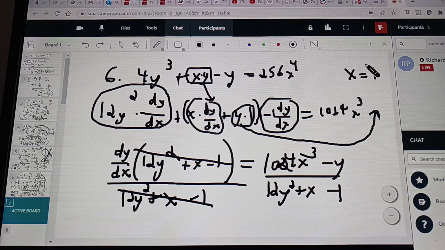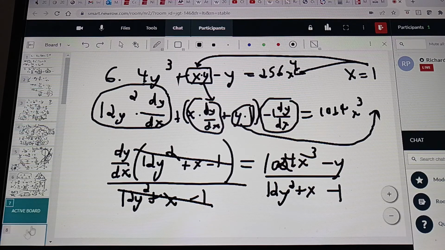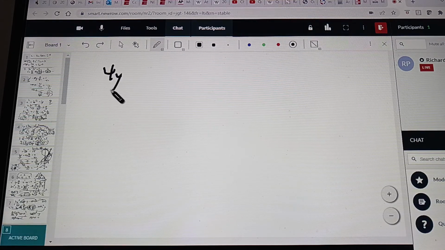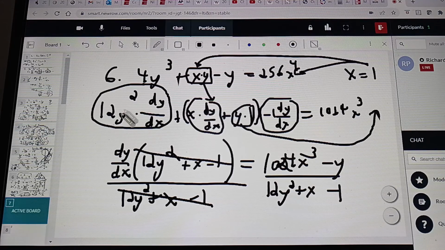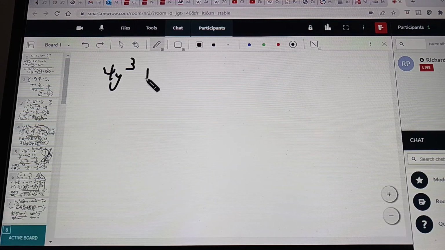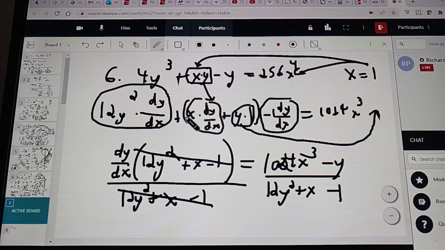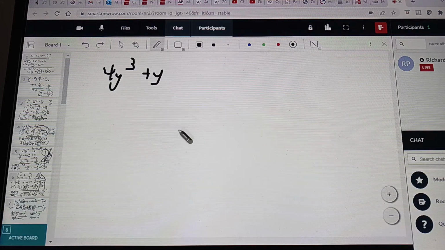I think that's what they want us to do, is plug a 1 in here and there, and maybe we can figure out y. So that would be 4y to the third. This would be 1y or just y. Then you'd have this minus y, that's convenient. Those just canceled.